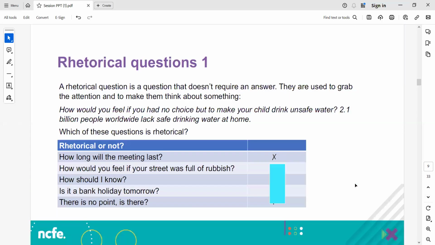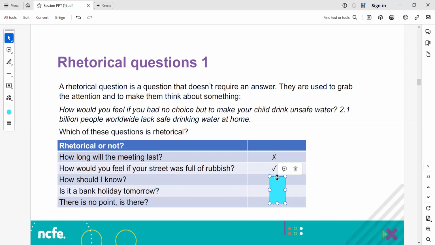How would you feel if your street was full of rubbish? Is that rhetorical or not rhetorical? Okay. How should I know?